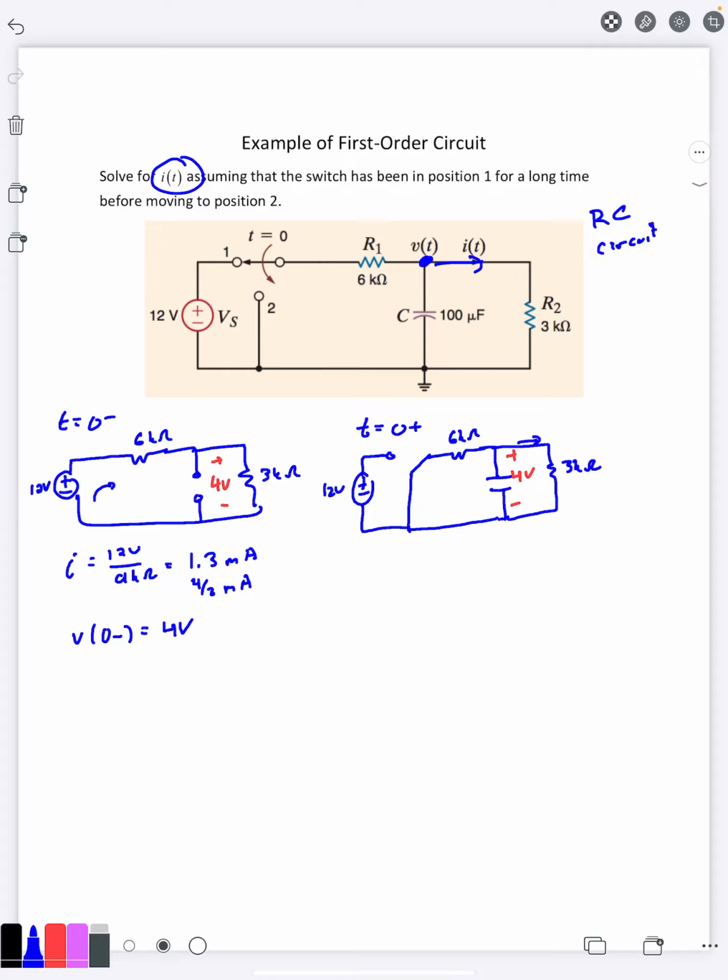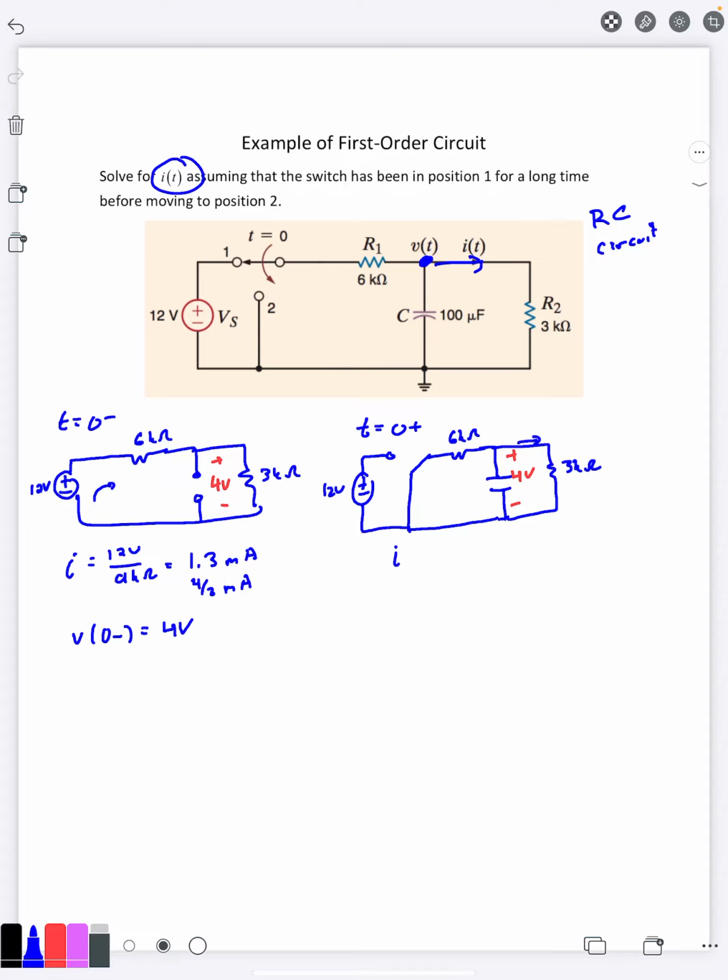And since we still have 4 volts across it, that means it's going to be the same as it was beforehand. Now notice that we couldn't necessarily say the current was the same just by itself, because in a resistor, the current can change instantaneously.